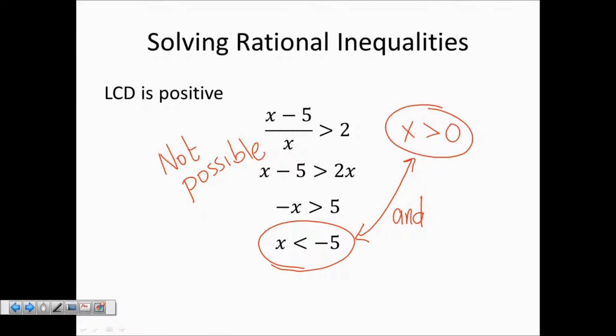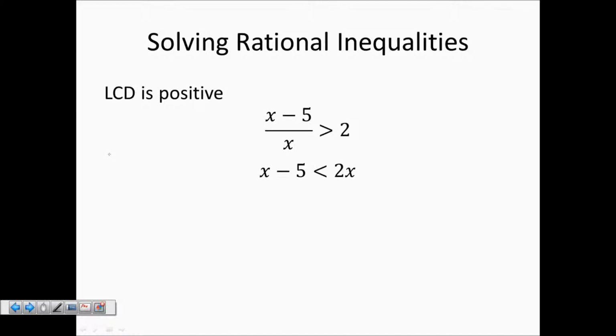Now, let's take a look at the other side of this. If my least common denominator is negative, and I forgot to change this, so we're going to do it now. If my least common denominator is negative, now when I multiply by it, I have to flip the sign.